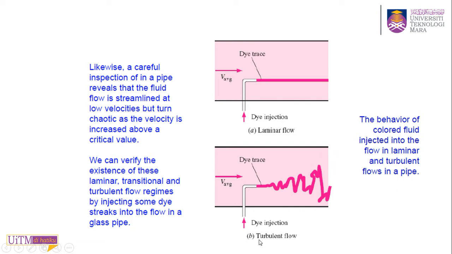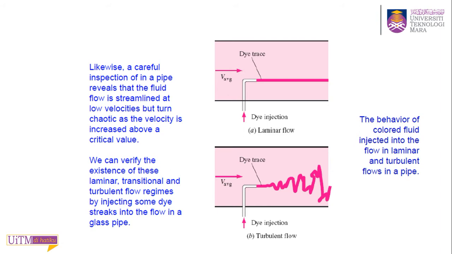So this is how you can see the different behavior of laminar and turbulent flow. Of course we cannot do this experiment now because of COVID, but maybe you can Google it on YouTube. There are a lot of videos on laminar and turbulent flow and the difference between them.